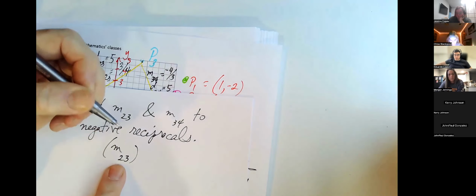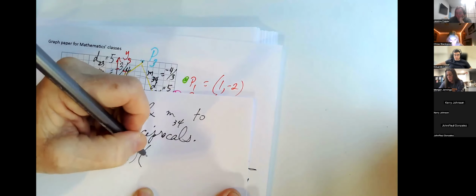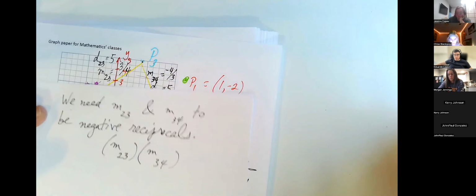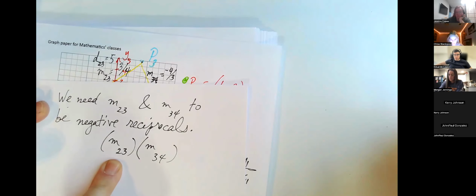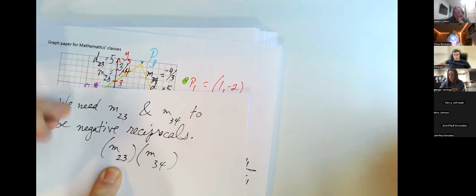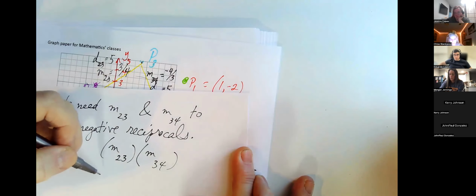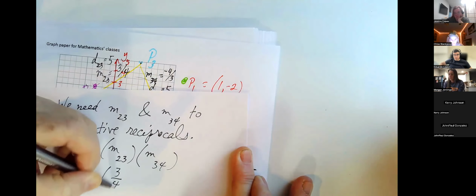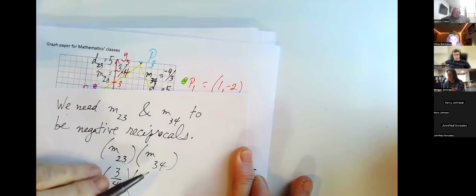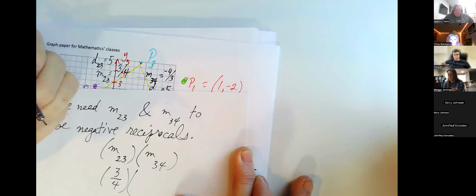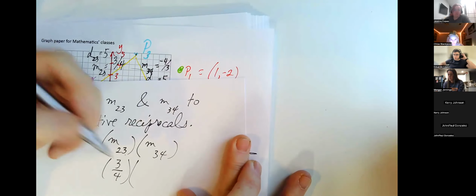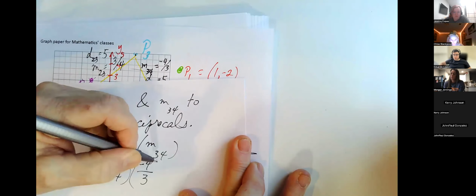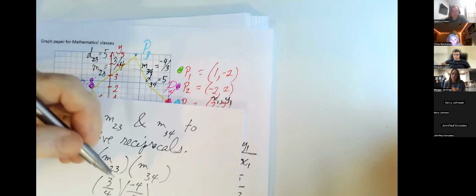So if the slope of 2, 3 times the slope of 3, 4 equals -1, then we're golden. Well, what was the slope between 2 and 3? Three over 4. Excellent. And the slope between 3 and 4? -4 over 3. Marvelous.